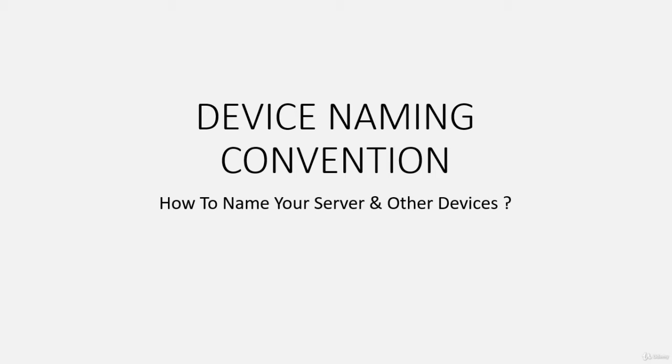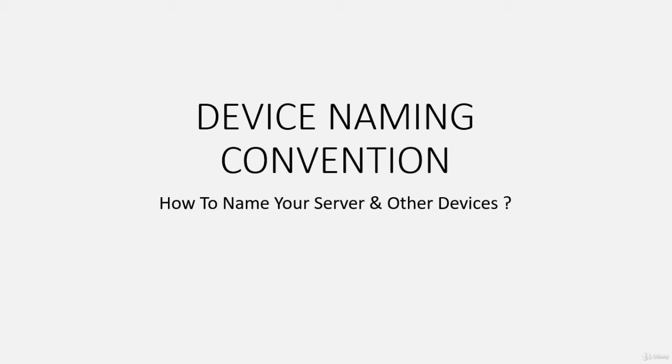First, we need to attribute a name to our server so that we can easily identify it in the network. How to name your server? If your company has a well-defined naming convention for servers, computers, and other network devices, you will probably follow this convention.